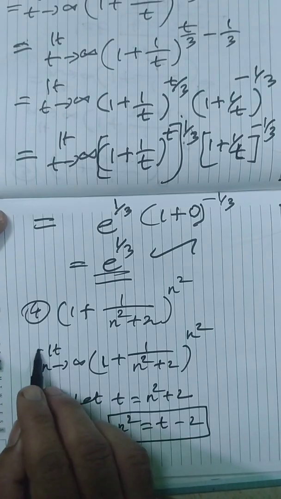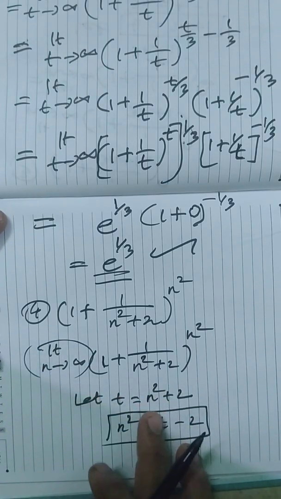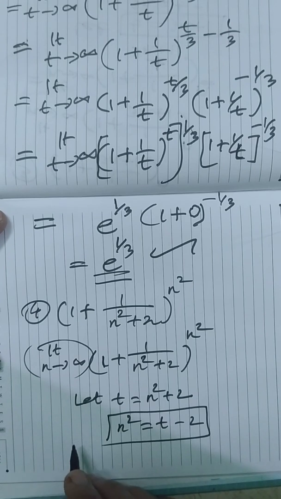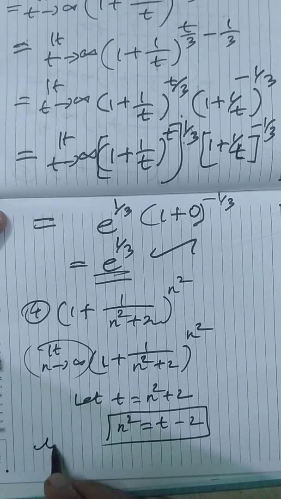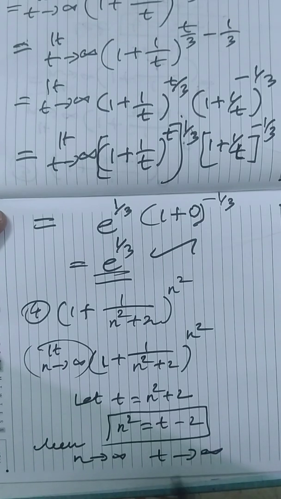Moreover, what about the limit here? The limit also changes because the parameter is changed. When n tends to infinity, t also approaches infinity.